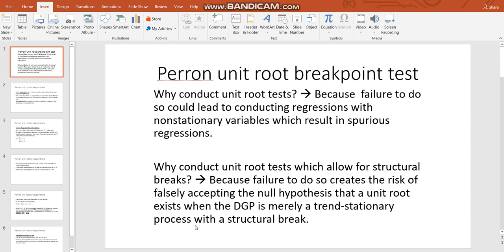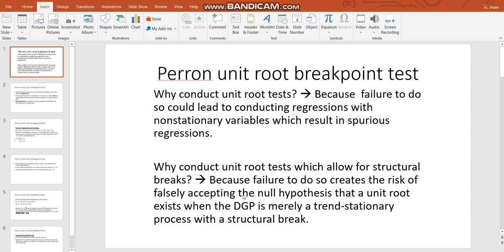So spurious regressions in this case would lead us to reach conclusions about our data which are false. So we want to avoid that. We want to have good quality research and we want to make good conclusions. So when we want to produce good research, then we should always be applying unit root tests first.